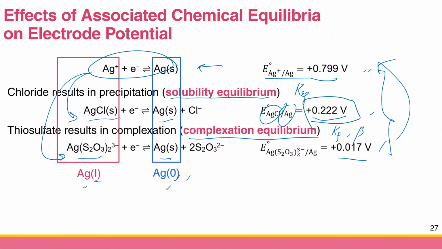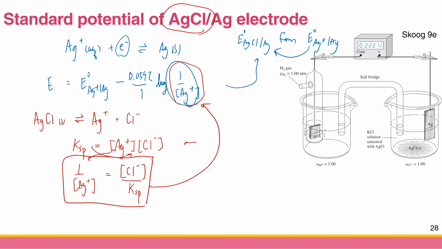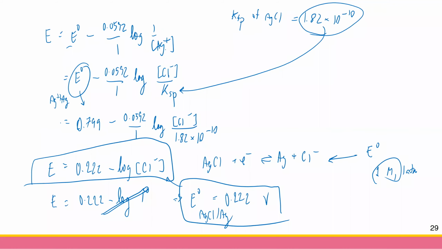So this is how we convert from the standard electrode potential of the silver ion to the silver chloride, which is the solubility equilibrium of the first reaction. Is there any question?